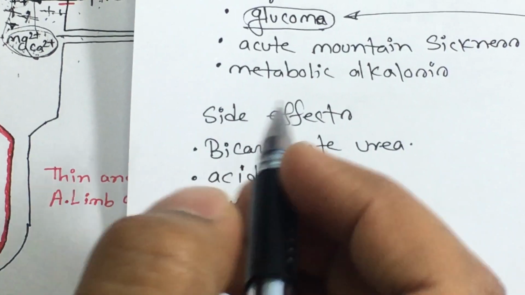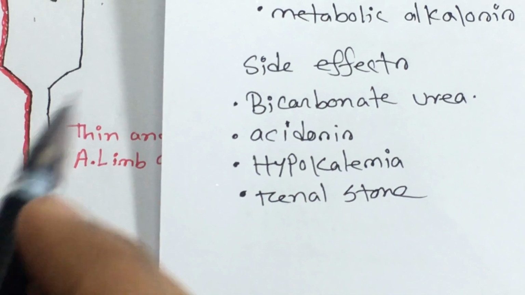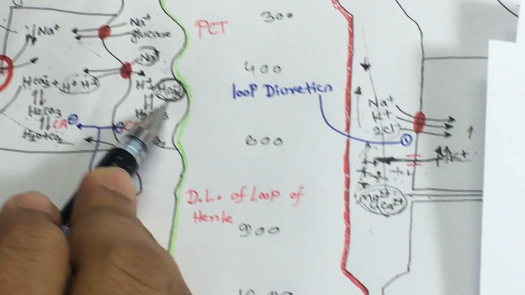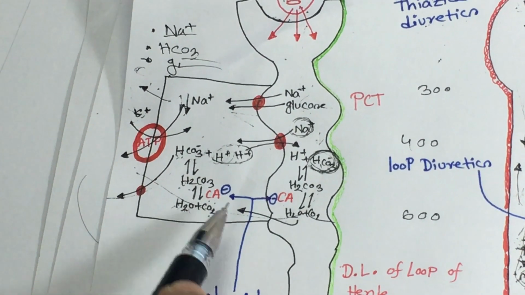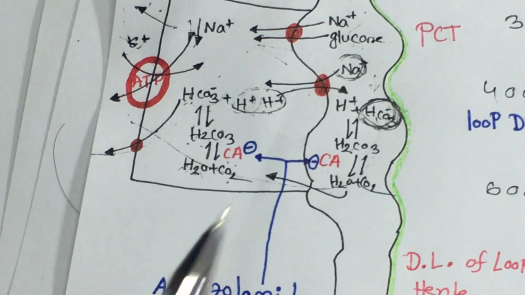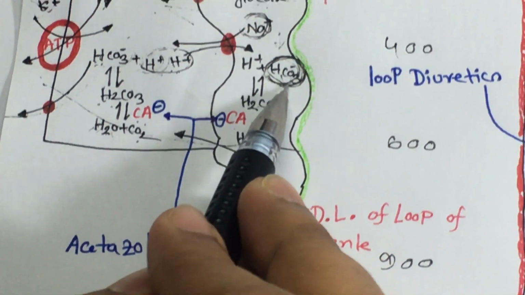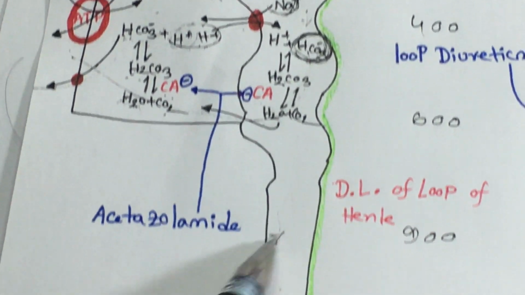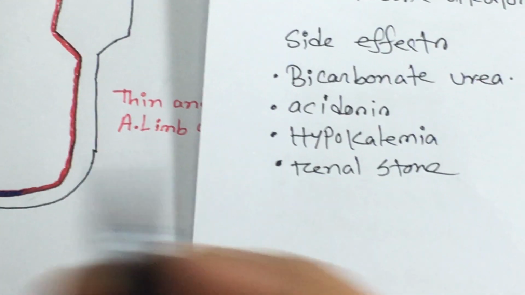And a side effect, bicarbonaturia. Okay, we know that as we are not reabsorbing this bicarbonate by using this drug, carbonic anhydrase inhibitor like acetazolamide and dorzolamide, this bicarbonate will be lost in our urine. So bicarbonaturia will be produced.